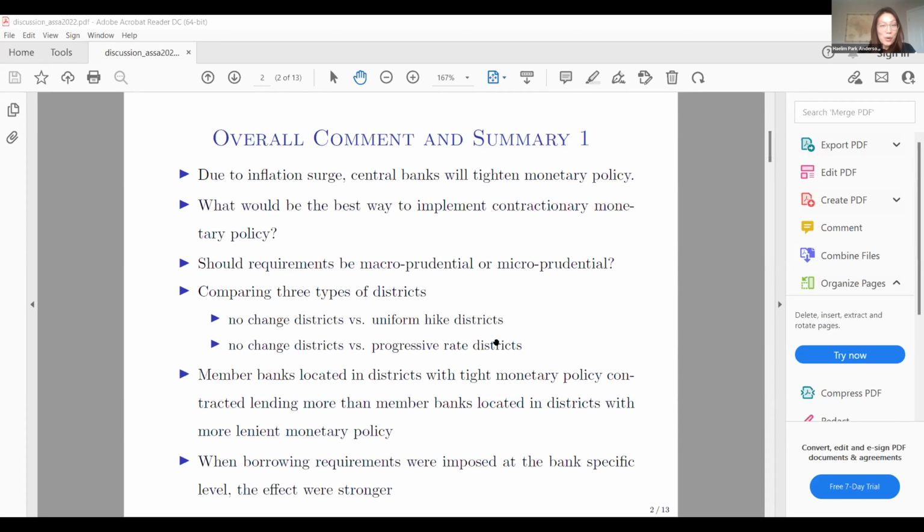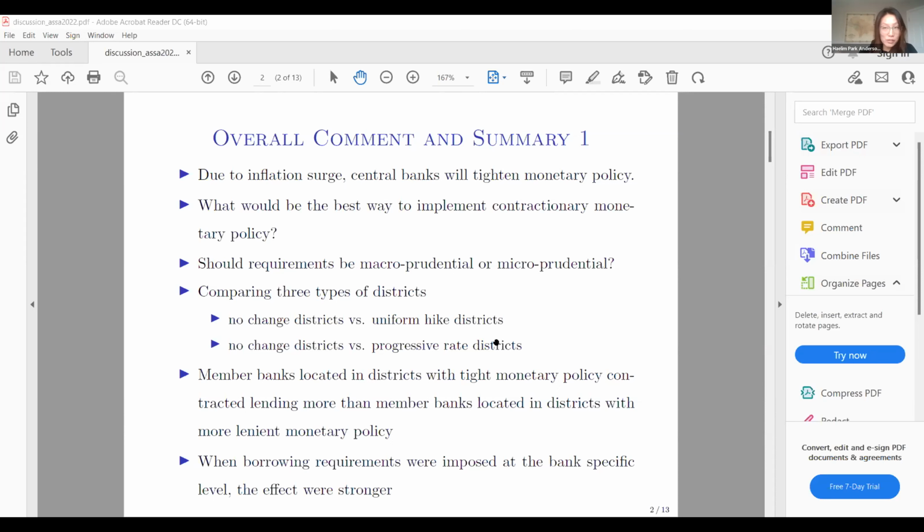Given what's going on now, we know that the Fed is going to implement contractionary monetary policy in 3 months, and it's going to have a large effect. One way to think about it is what is the best way to implement contractionary monetary policy.